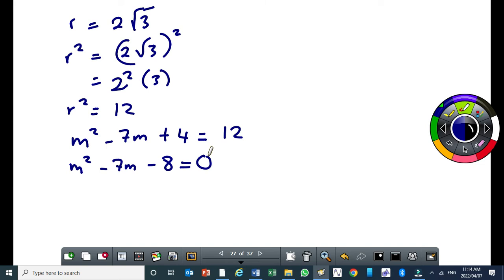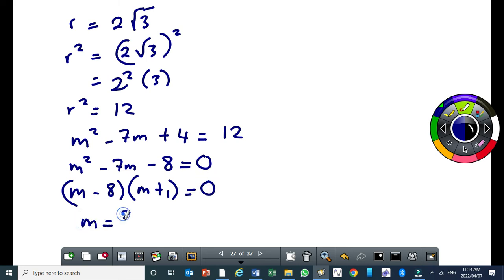Now we have got a grade 9 quadratic equation, and you have got more than 2 methods of solving. So I can factorize this. So I can have m minus 8 times m plus 1 equal to 0. What this means is that m will be equal to 8 or m will be equal to negative 1. So these will be the two answers.